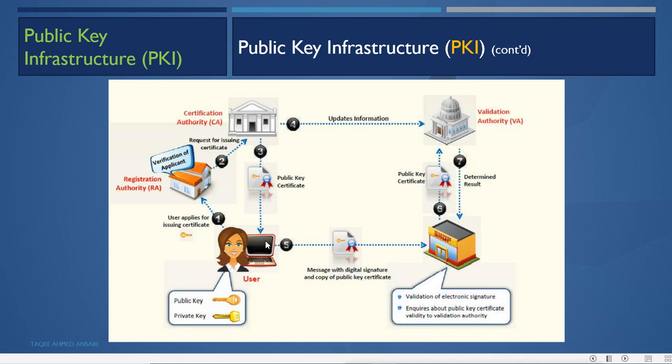When you get this public key, your information is also updated on the validation authority server. That means the certificate given to this particular user, your IP address, the time on your machine, which time the certificate was given, and how long the certificate is going to be valid.